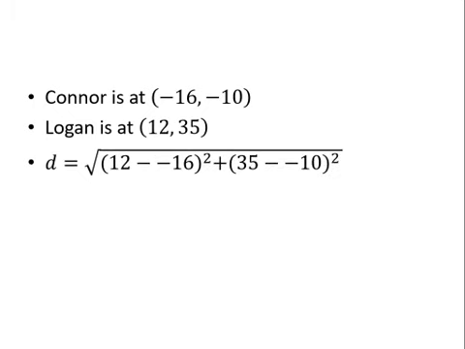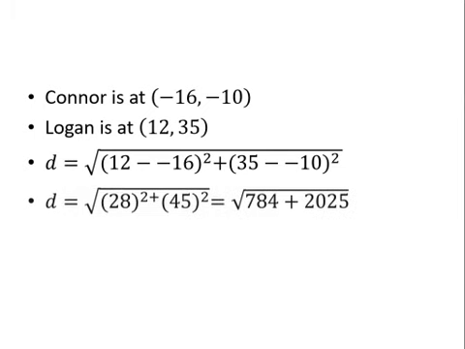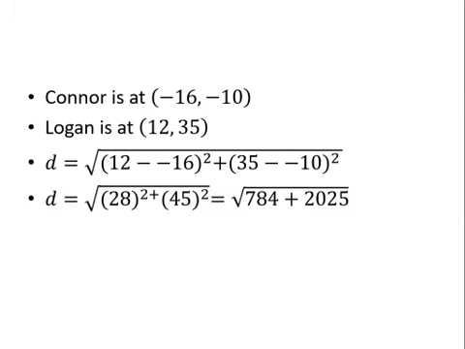When you plug it in, you end up with 12 minus a negative 16 squared plus 35 minus a negative 10 squared. So simplifying that, that ends up getting you a 28 squared plus a 45 squared, square rooted, which gets you 784 plus 2025, and figuring it getting you 53 feet. So it ends up being 53 feet as your answer.